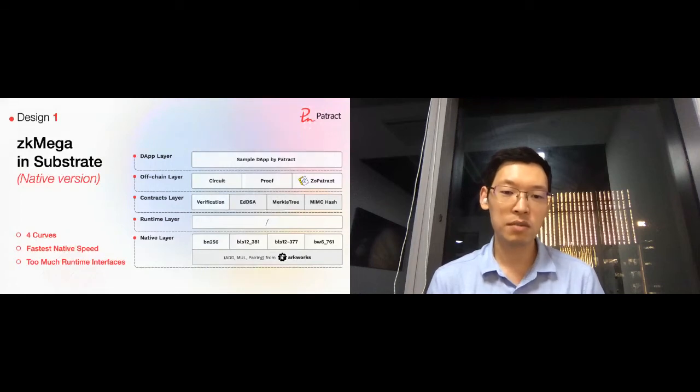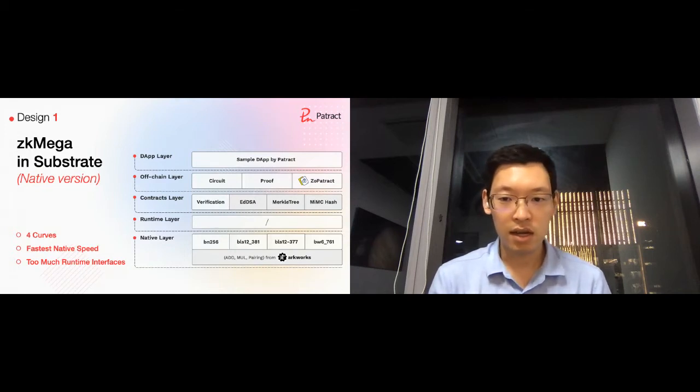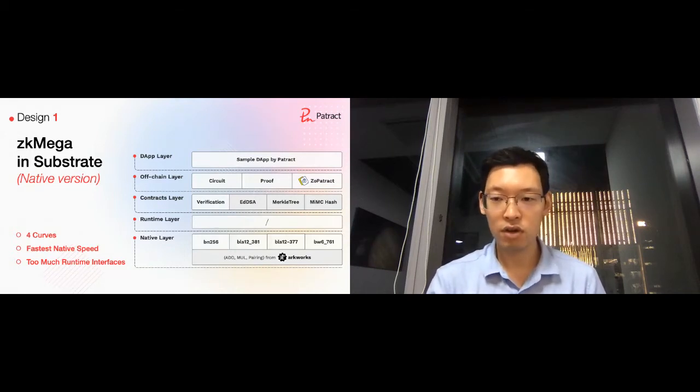So as mentioned above, we definitely hope to integrate the add, mul, and pairing of these 4 curves directly on the native layer, and then provide them to the contract to call through a runtime interface and a chain extension step by step. Then we merge our changes in the native layer upstream into the Substrate repo.